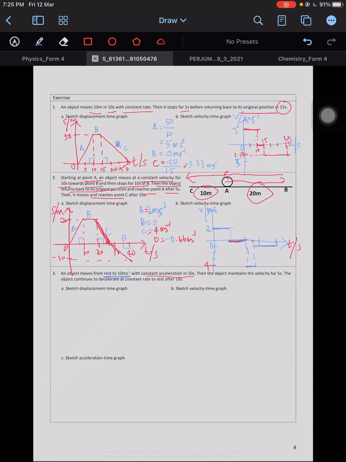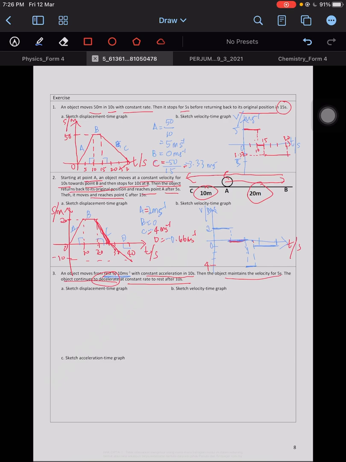Then the object maintains the velocity for 5 seconds. Then the object continues to decelerate at a constant rate to rest after 10 seconds. Now they ask you what? To sketch the displacement time graph.